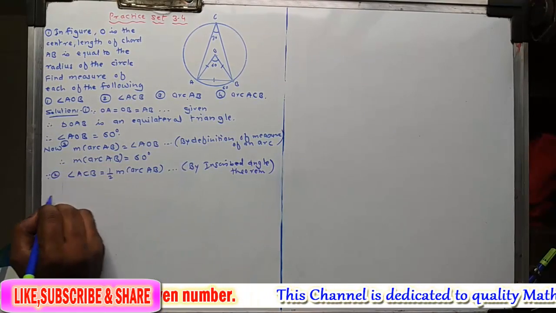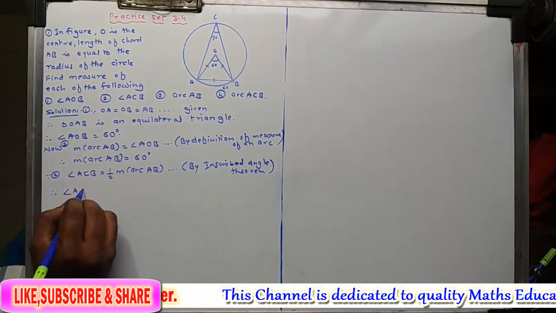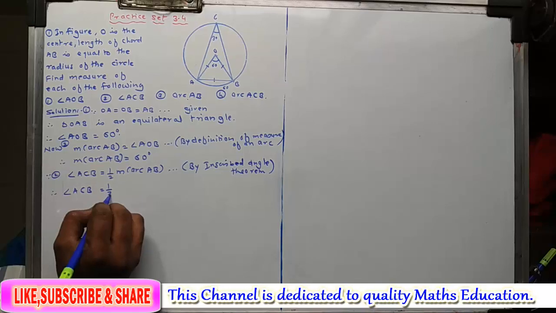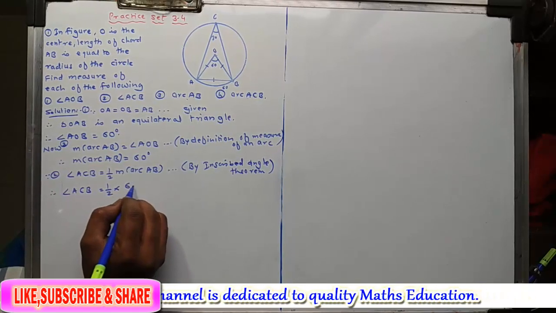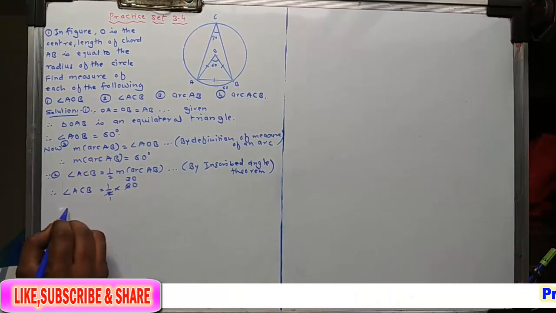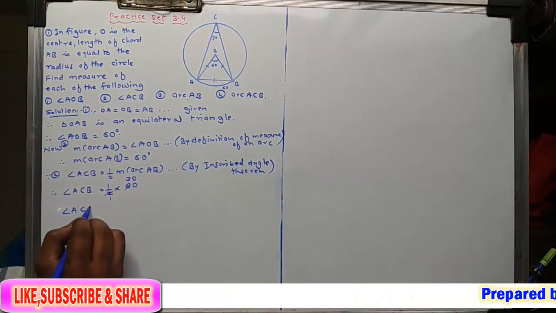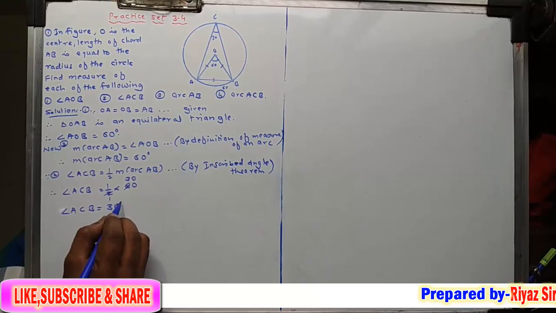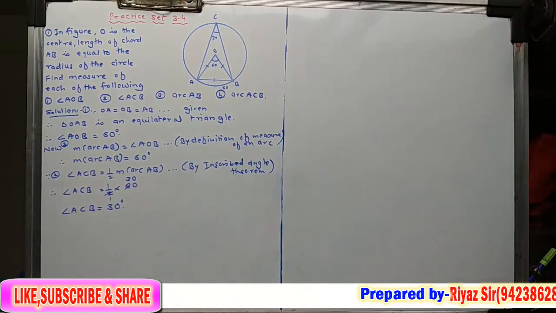Therefore angle ACB is equal to half into measure of arc AB, which is 60. So 2 ones are 2, 2 threes are 6, 0s are 0, and therefore angle ACB is equal to 30 degrees.